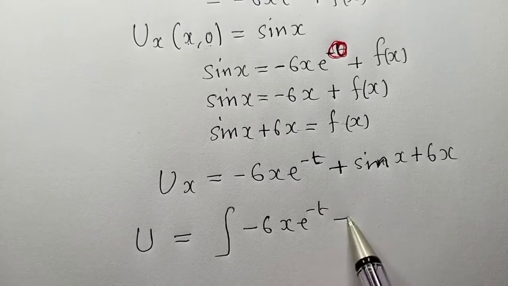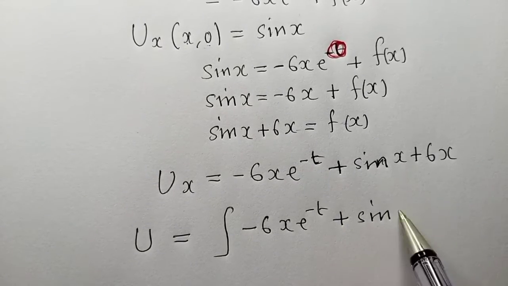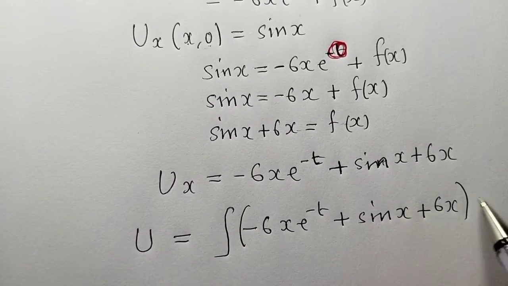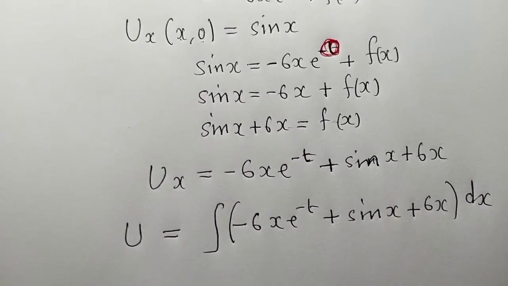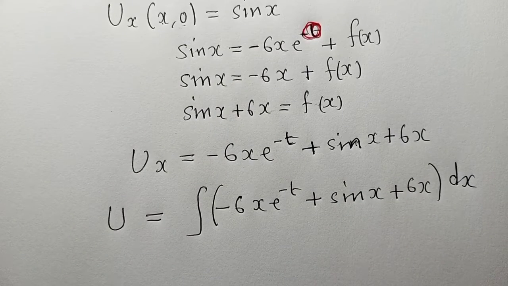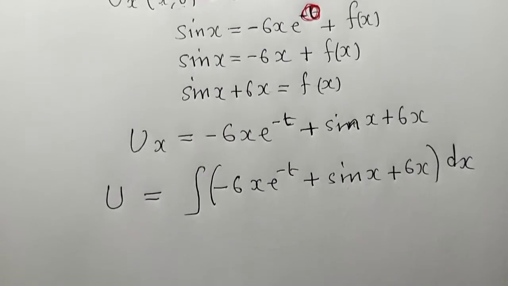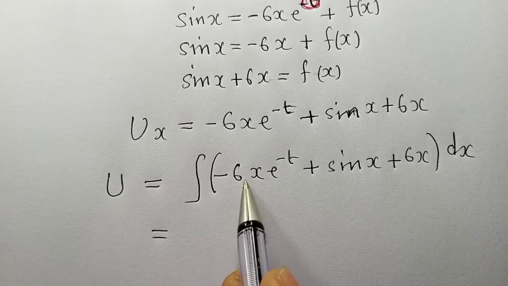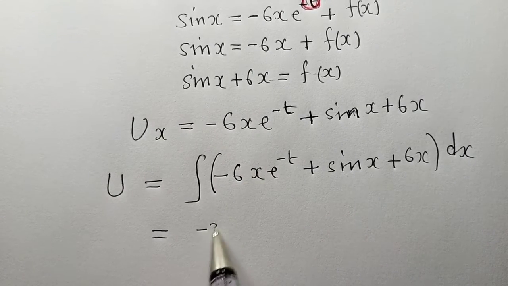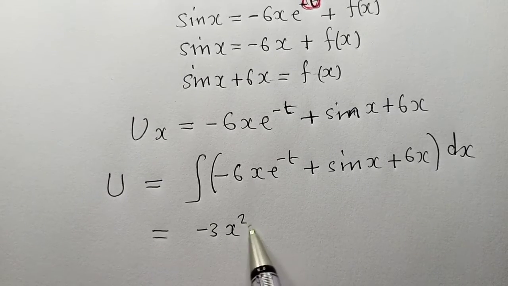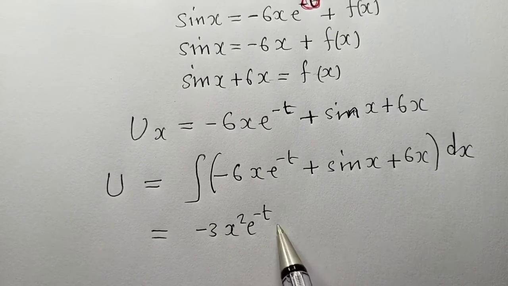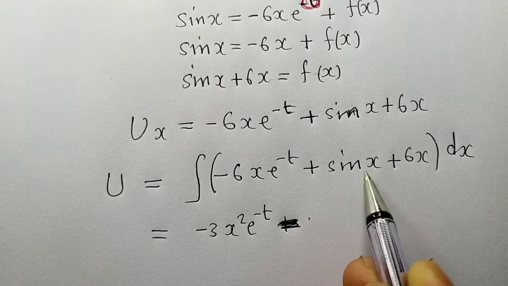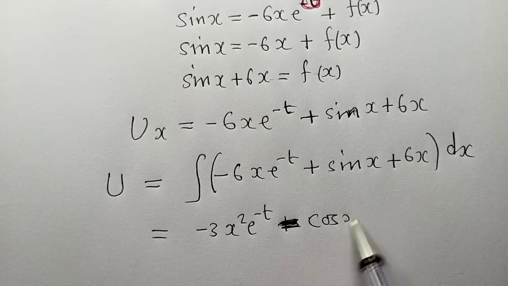Now this time around we respect x. We respected t at first. This time around we're going to respect x. So we shall say here with respect to x, we shall have negative 3x power 2 e power negative t minus cos x, because the integral of sine x is negative cos x.